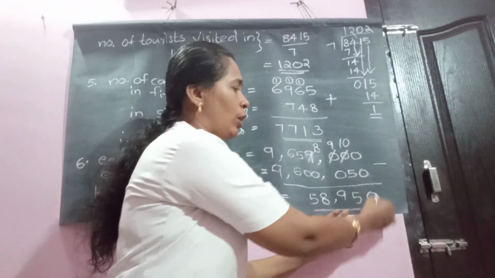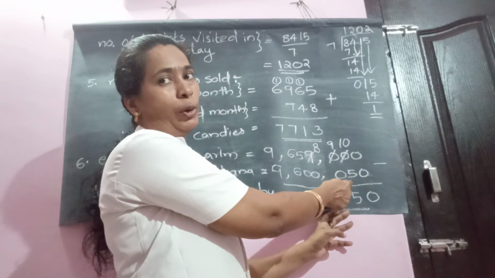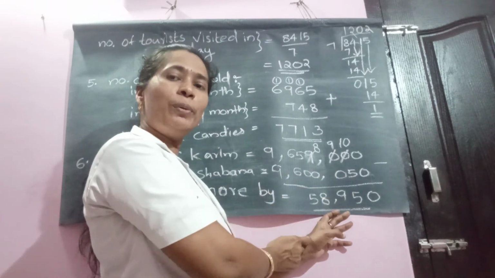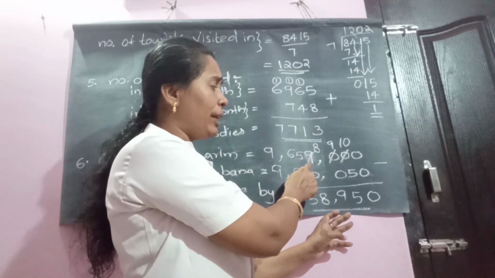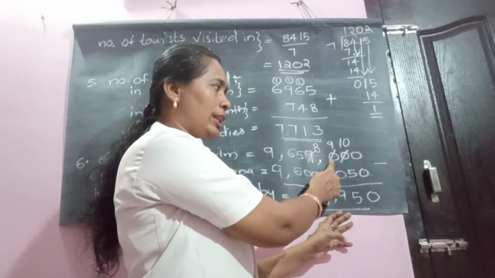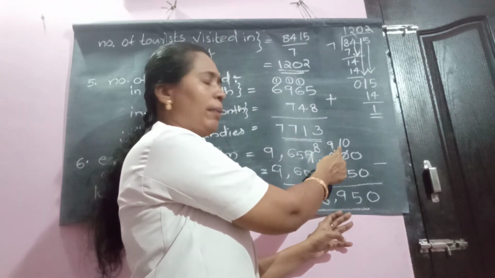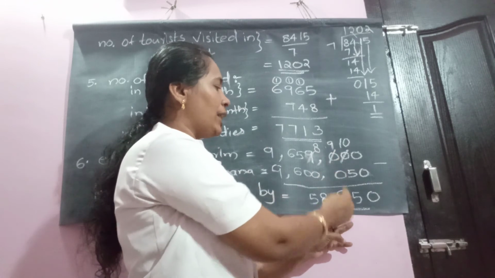0 minus 0, nothing, 0 itself. But in the case of 0 minus 5, is it possible? No. So we have to borrow from the previous digits. The 9 becomes 8, then this 0 becomes 9 and this 0 becomes 10. Now 10 minus 5, 5 itself. 9 minus 0, 9.